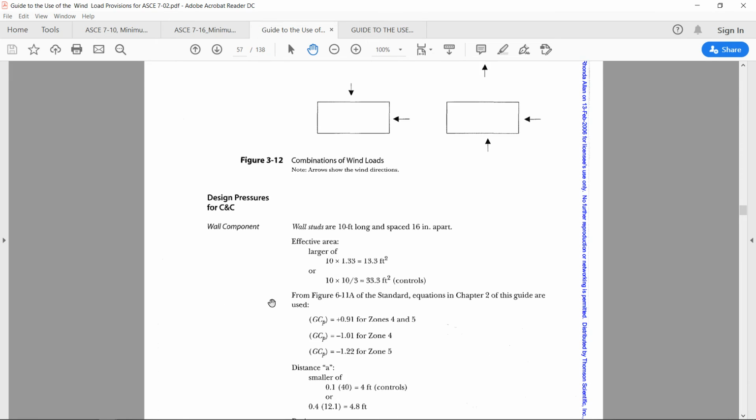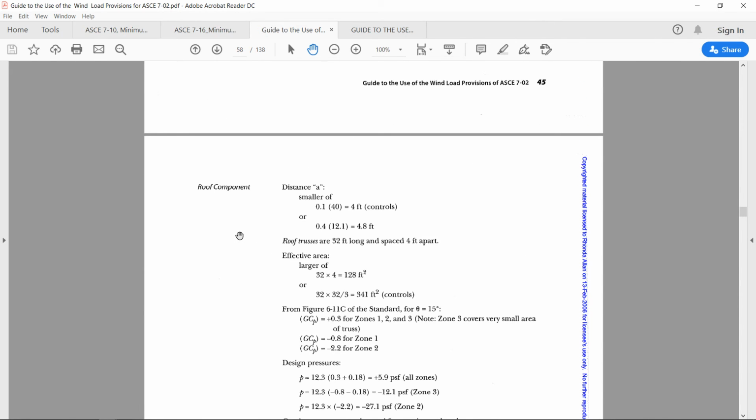And whenever you want to design the component and cladding, of course I have shown how to calculate the wind pressure for component and cladding, and you can design that. So hopefully this will clarify the wind load calculation for an irregular shape building. And whenever you have an irregular shape building, you should adopt the same methodology.